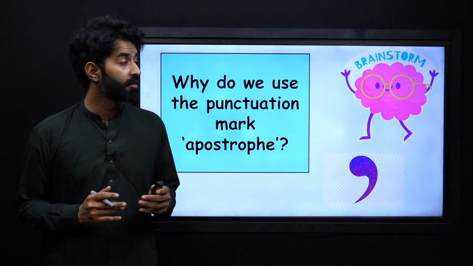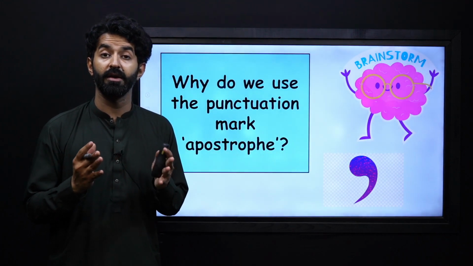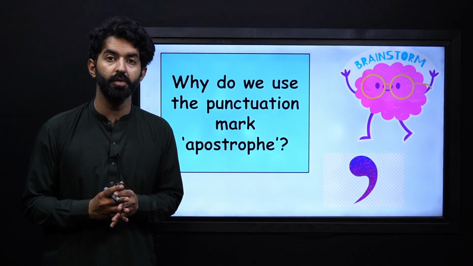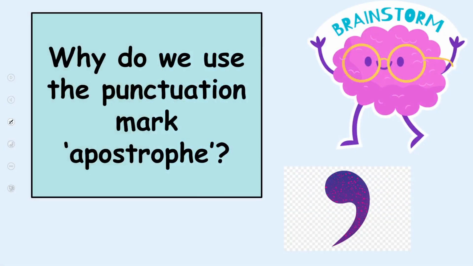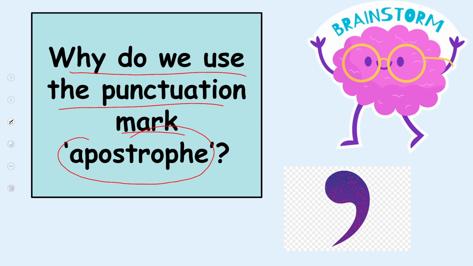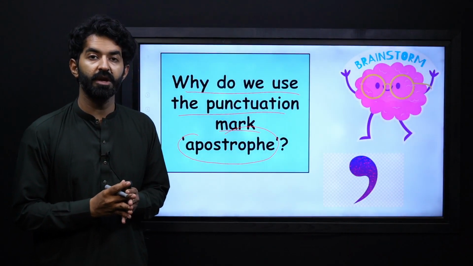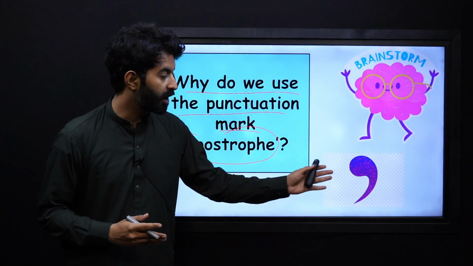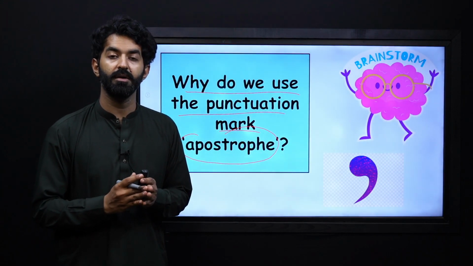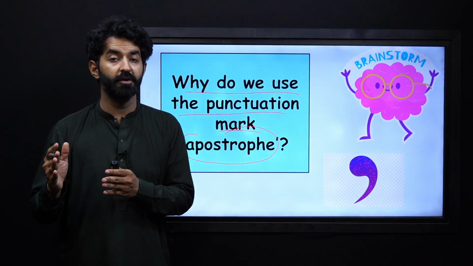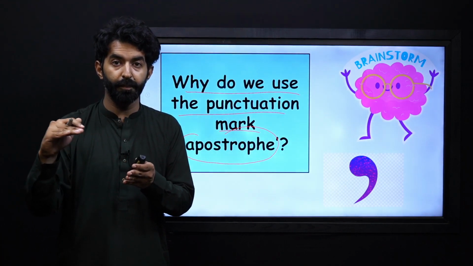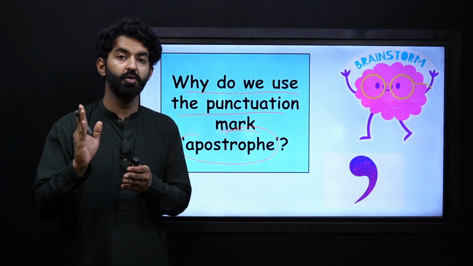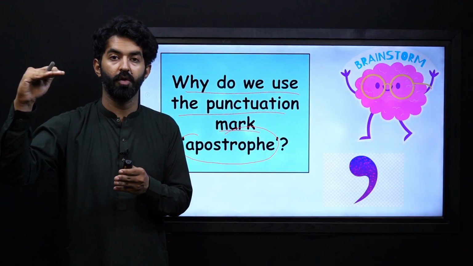Moving on, we have an interesting brainstorming session for you with a question: why do we use the punctuation mark apostrophe? And we know that apostrophe is denoted by this comma, but unlike the comma that we use in the lower part of our line, we use it at the upper part of the line.